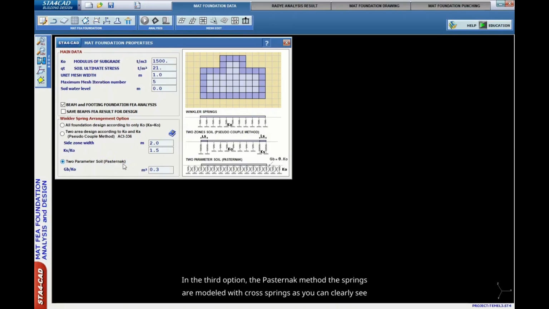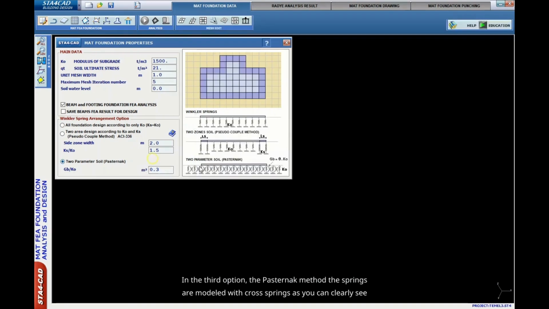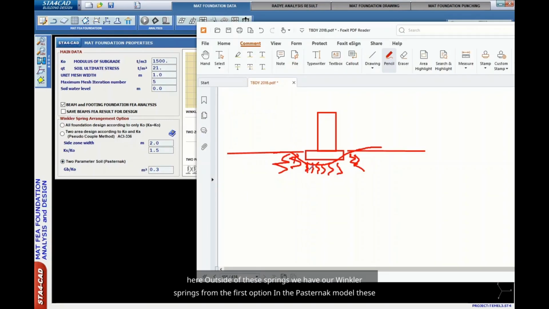In the third option, the Pasternak method, springs are modeled with cross springs. As you can clearly see here, outside of these springs, we have our Winkler springs from the first option in the Pasternak model. These springs interact with each other, meaning that the rigidity outside significantly affects the rigidity inside.